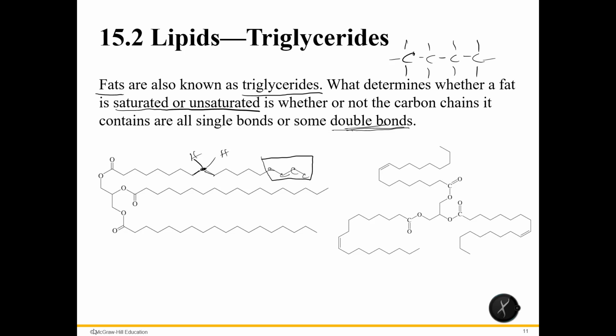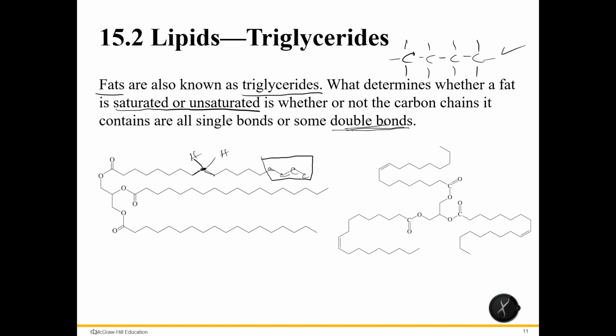So this is called a line formula, and it's a structural formula, and it makes it much easier to draw, and it's not as cluttered looking. That's the advantage of a line formula.